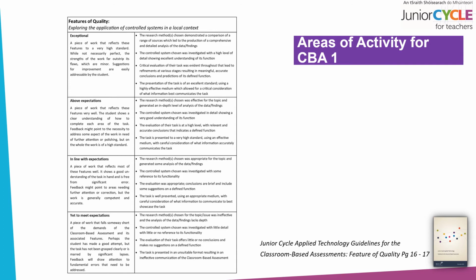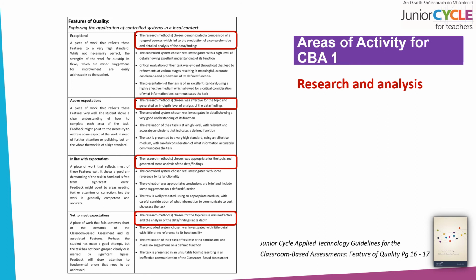To illustrate this further, this slide will show how the 4 areas of activity carried out by the students for CBA 1 aligns with the features of quality for each level descriptor. So area of activity 1, research and analysis, aligns with the first feature of quality in each descriptor.